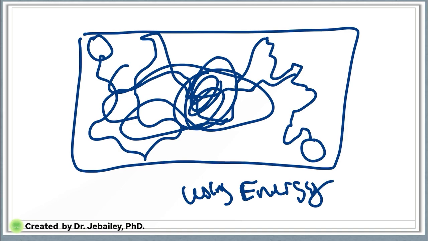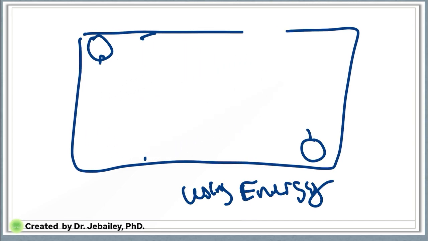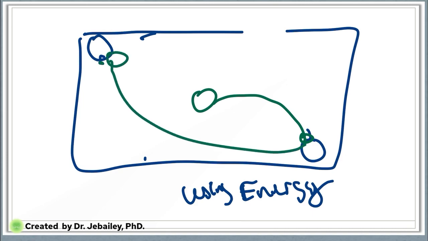Now, that is without an enzyme, using a lot of energy. But what if I come in here and I drop an enzyme? The enzyme does this. He picks him up, he drags him here, and voila, he causes a product. Now, how much energy did you use here? Practically almost nothing, right?